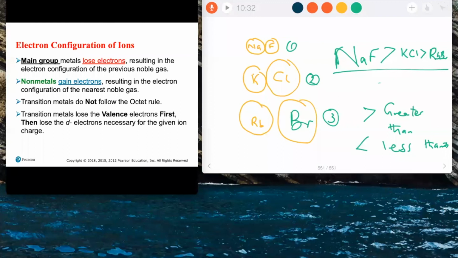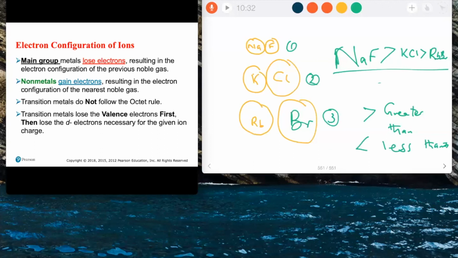The overall charge on the ion indicates how many extra electrons you have. The overall positive charge indicates how many fewer electrons you have. So if I were you, I would write the general electron configuration for a neutral atom and then do the math on how many electrons to remove, and then you end up with the correct number of electrons.